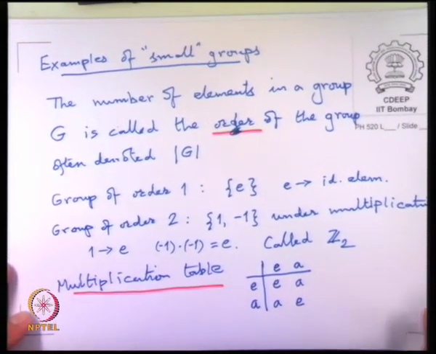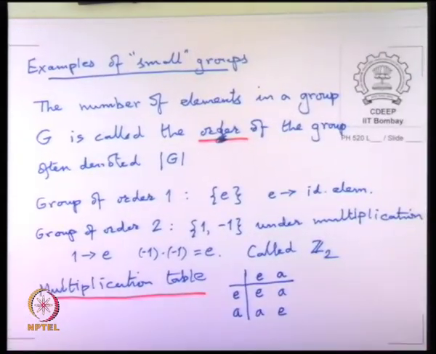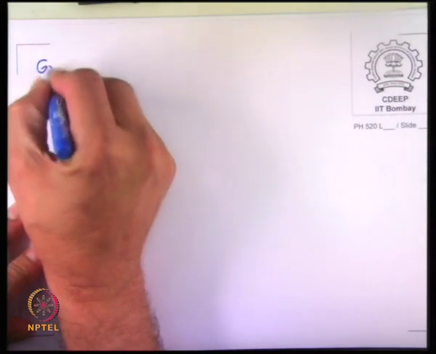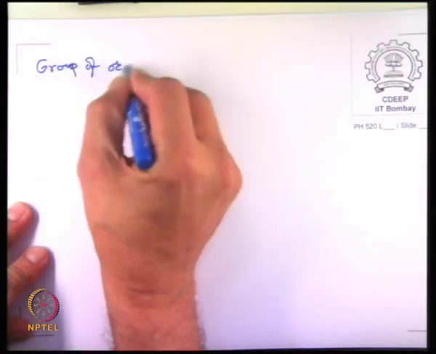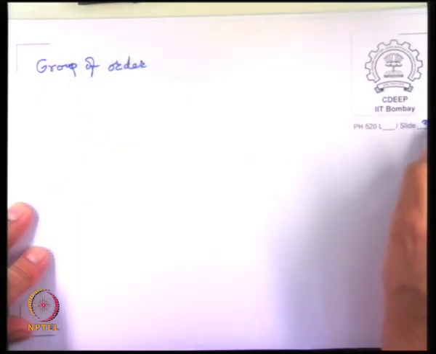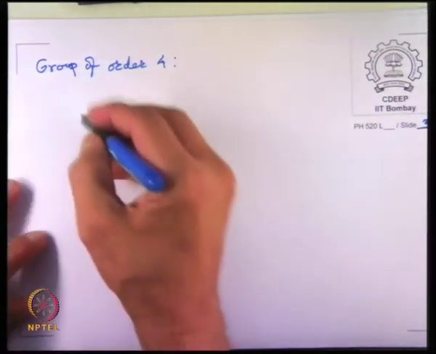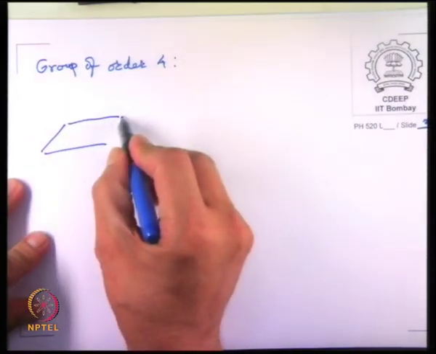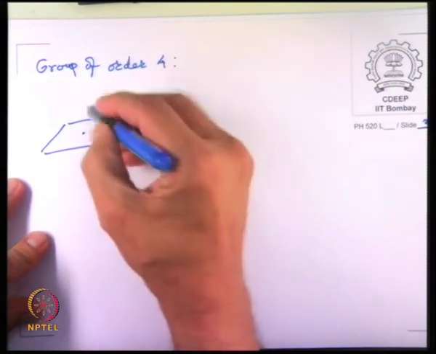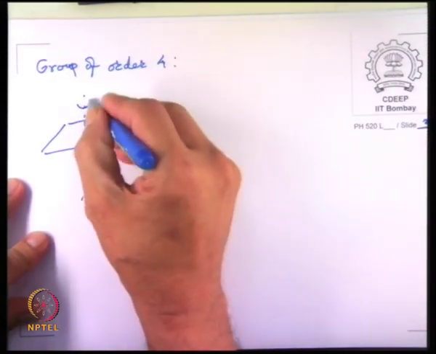There happens to be no group of order 3. So we next have a group of order 4. Here let us think of a simple example of a square which we rotate about the axis perpendicular to it by 90 degrees at a time.